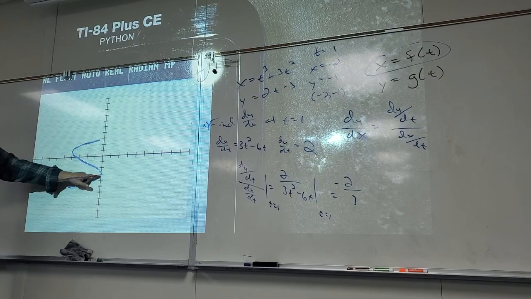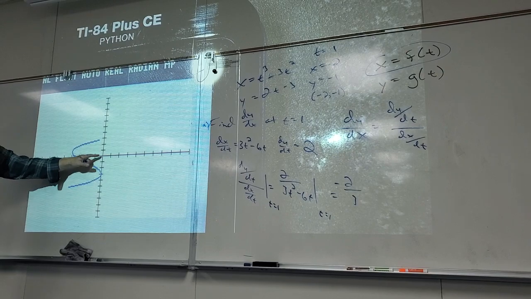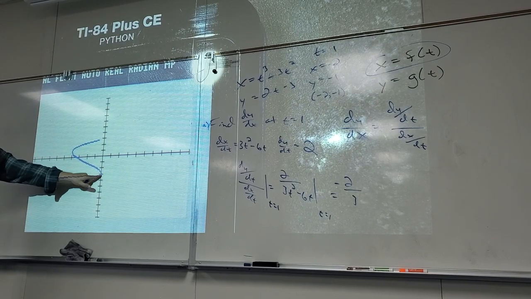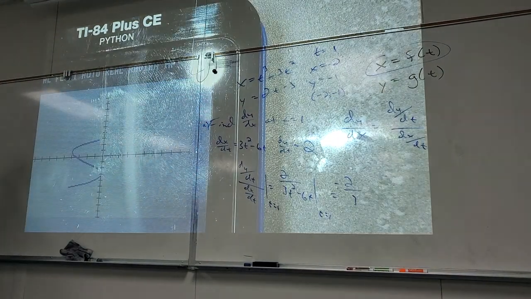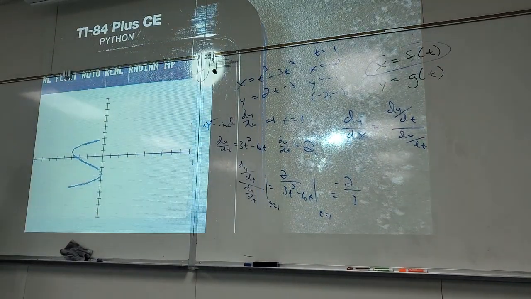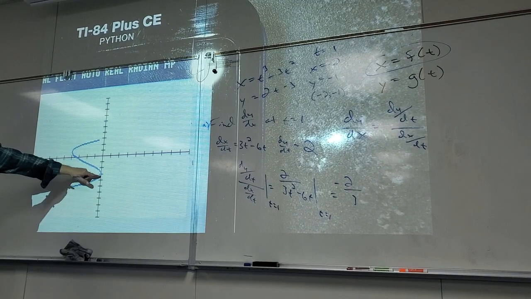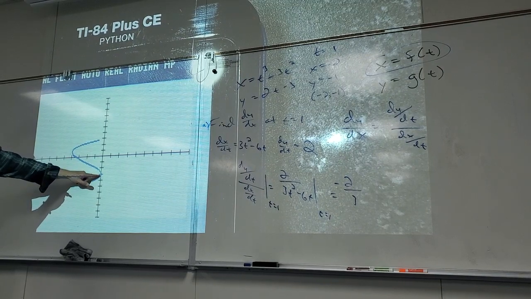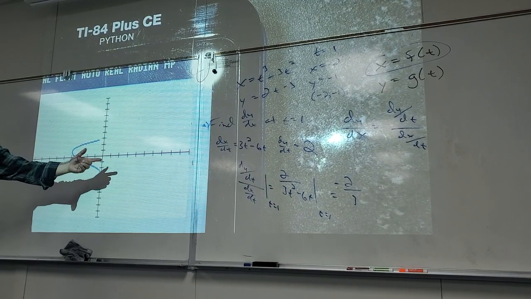Let's try this point. What would t have to be to get here? You can look back at the work we did earlier, but you can kind of look at x. X would have to be 0 and y would have to be negative 3. So that's t equal 0.